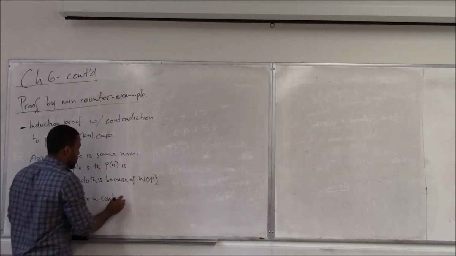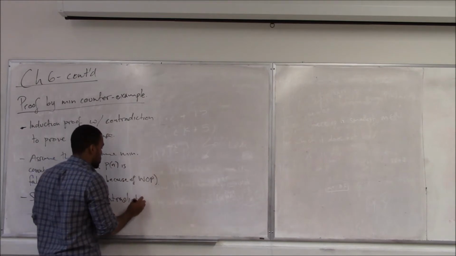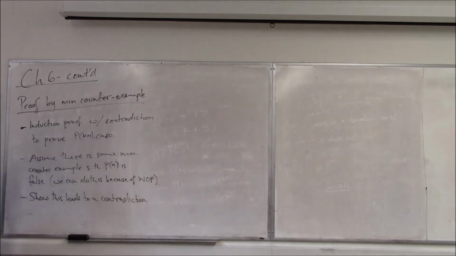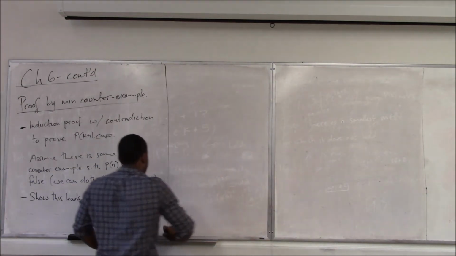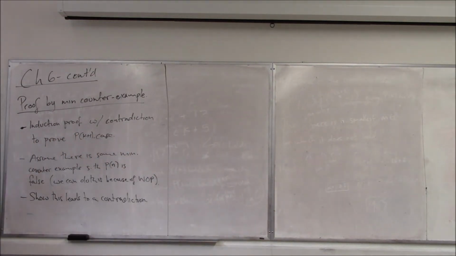That's the hard part, but the idea is you want to set it up in such a way that you can use your induction hypothesis, and that will help you get to a contradiction.